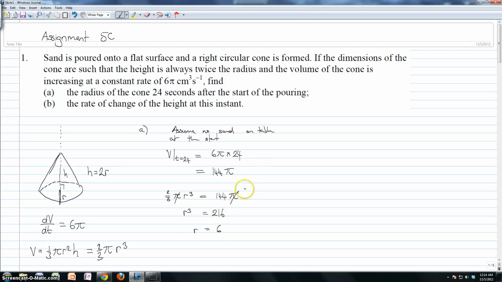So therefore 24 seconds after pouring starts, the cone has radius 6 cm.